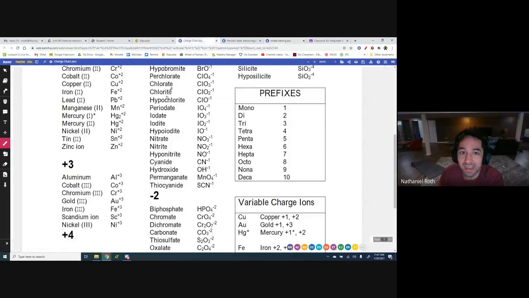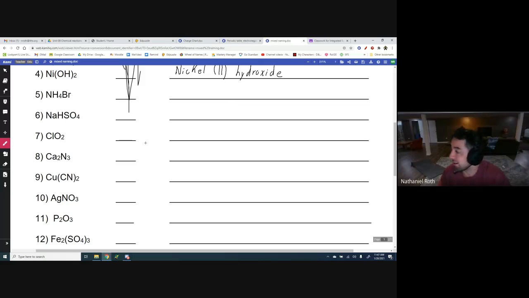This polyatomic ion is ClO2 -1. Now that -1 is very, very important. That changes the whole chemical structure of the compound. So that means that ClO2 -1 is not the same as just regular old ClO2. So just regular old ClO2 is not chlorite.